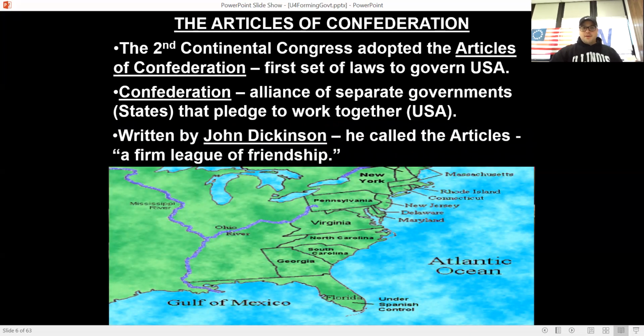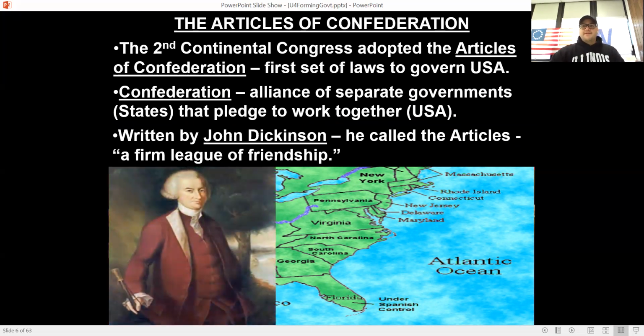The main author of the Articles of Confederation was an individual named John Dickinson. He was a famous Philadelphia lawyer. He was an active member throughout the Stamp Act Congress, the First and Second Continental Congress, and the Declaration of Independence.